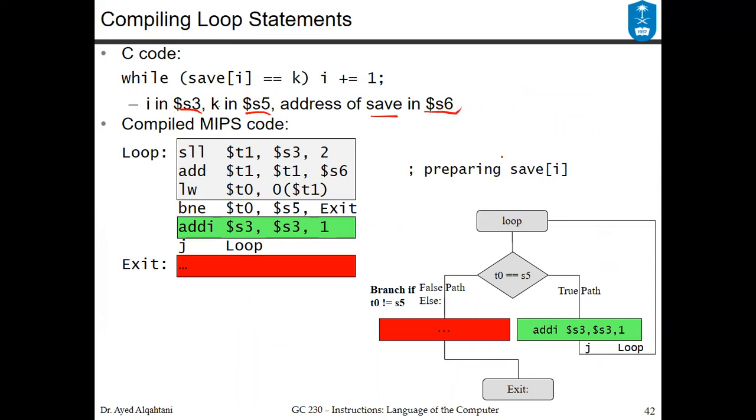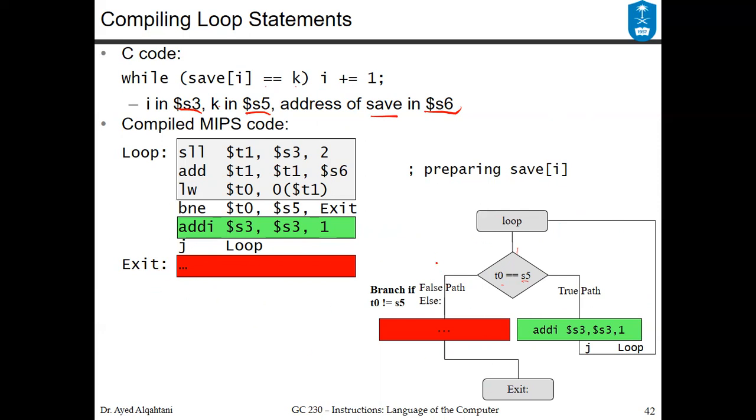What happens in the flowchart? In the flowchart, you have a loop actually, as long as this is equal to this one. As long as there is an equal between those two, you do the true path, which is incrementing the I and going back to the loop. If it is wrong, false, then you jump outside the loop to the exit.